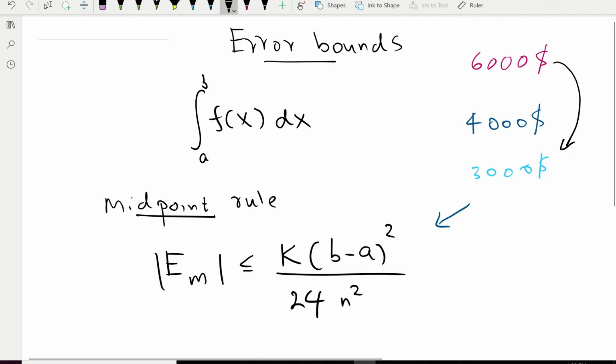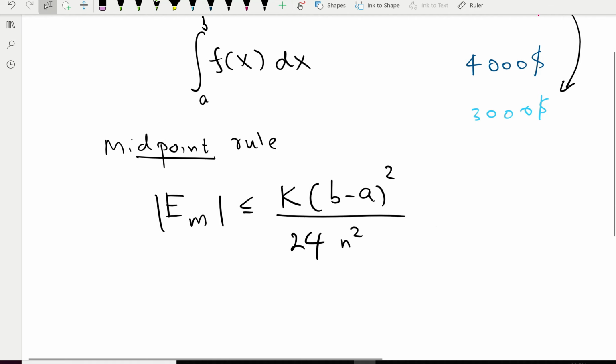You might be able to sell it for 3,500, or maybe for 4,000, but who knows until you sell it, right? But you know, from this situation, the worst you can get is a loss of $3,000, assuming you are very well capable of selling the car, right? So something like that. So error bound will give you something like that, the worst case scenario.